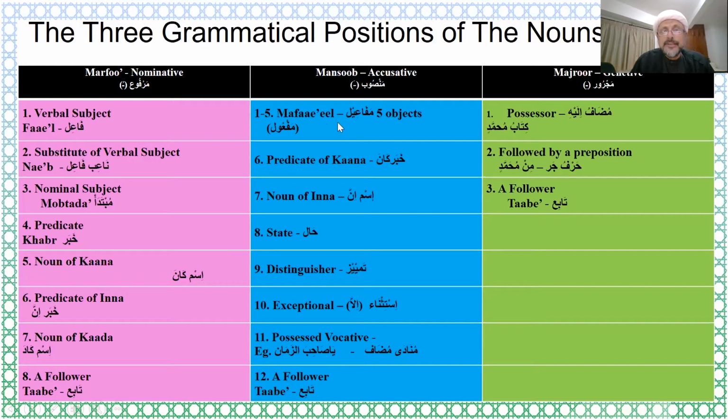And here obvious example was what? Object, okay? Ad-darsa, lesson, ad-darsa. And Kitabu Muhammadin, E, book of Muhammadin, okay, of possessor. And we said also min Muhammadin can be. So this is already kind of done. So now today we are going to take the types of marfu.